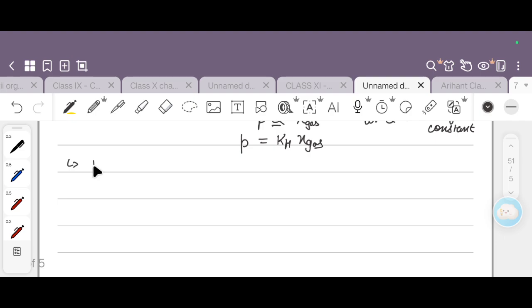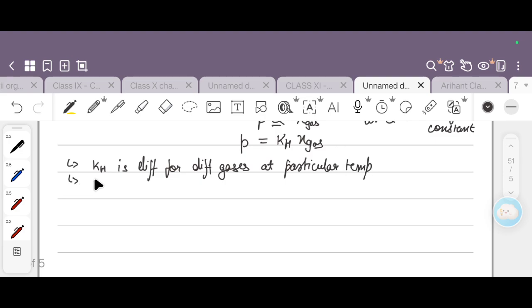Second, the higher the KH, the lesser is the solubility. The higher the value of KH, the lower the solubility of the gas in liquid. And second is the effect of temperature.